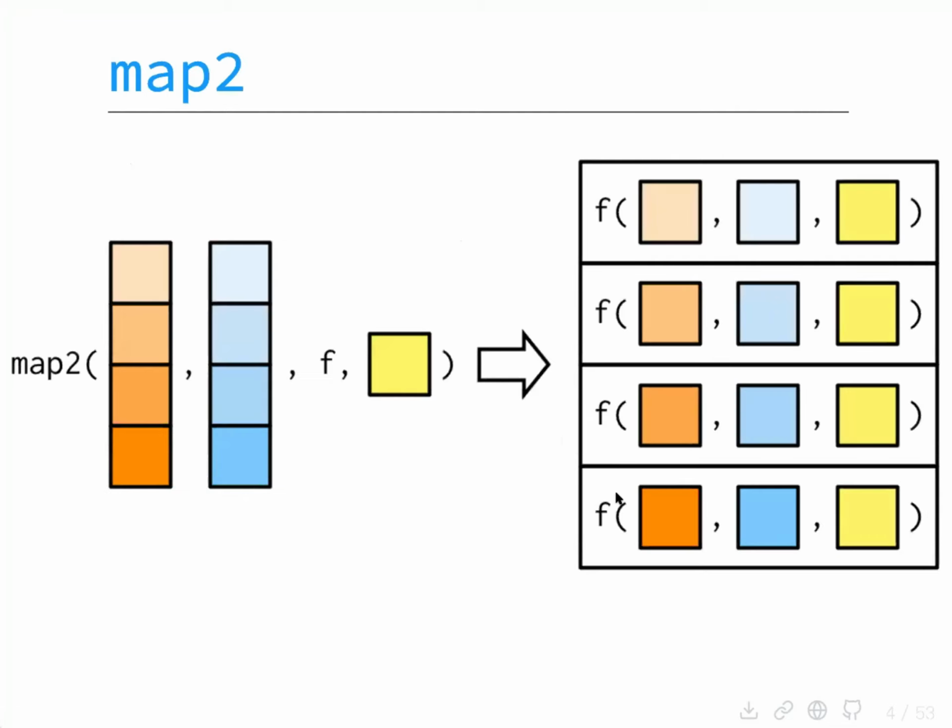Okay, so map2, we saw a preview of this already, but it works like this, right? We have one vector here, which is this orange vector. We have a different vector here, which is a blue vector. And then we have some function we're going to apply to it. Okay. If we want to, we can also pass additional stuff here, and that additional stuff will get passed as additional arguments to the function.